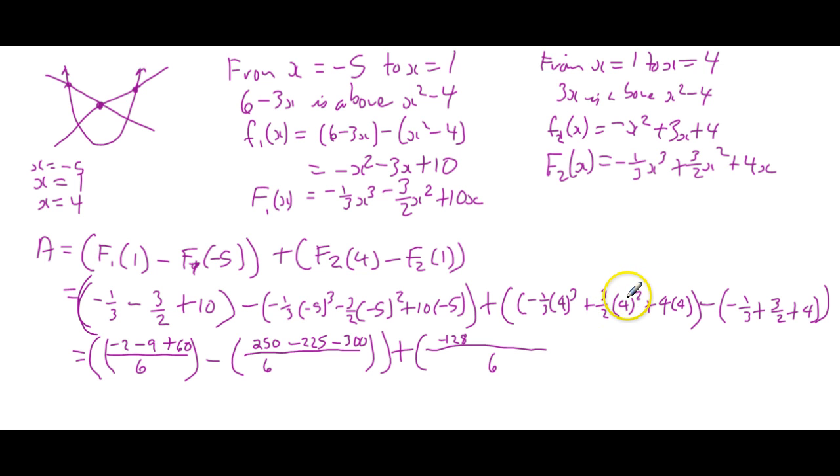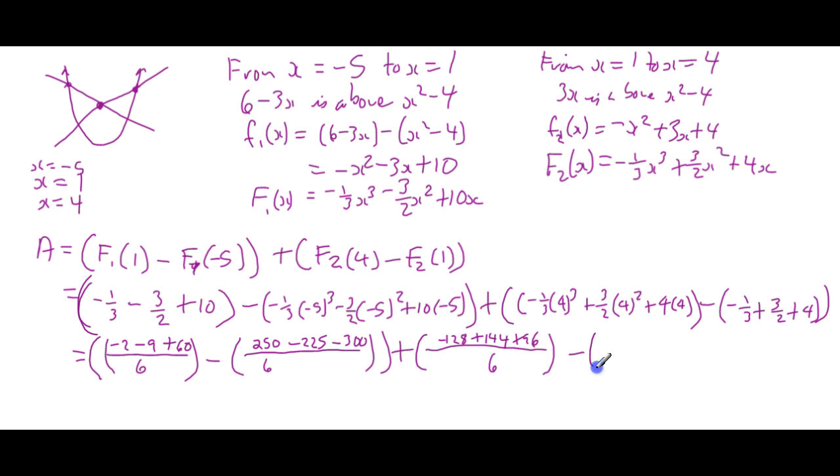And this is 16, this is 48 over 2, so 48 times 3 is 144. And then this is just 16, so that's going to be plus 96 over 6.